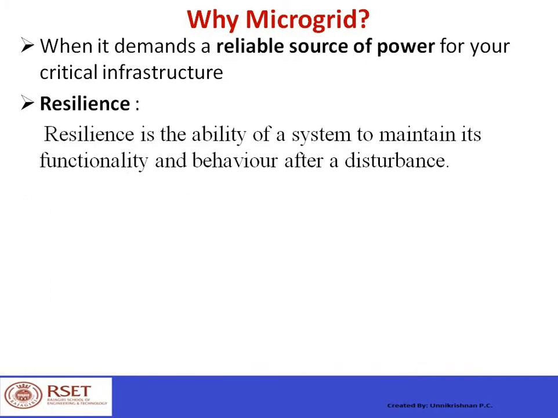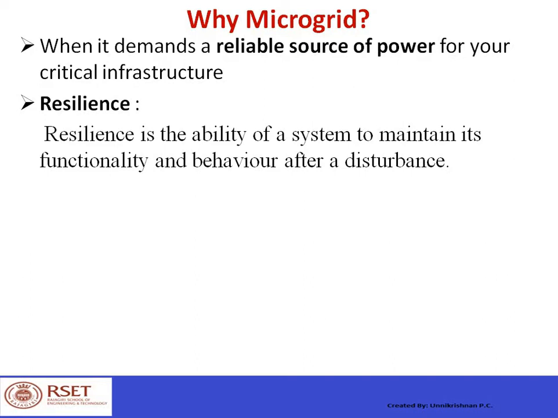Resilience is the ability of a system to maintain its functionality and behavior after a disturbance. So if there is a disturbance and there is a power outage, the functionality to maintain is called the resilience.